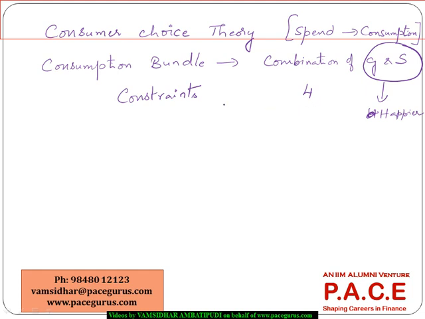But every consumer is faced with a set of constraints also. Though we are talking about a set of goods and services that can enhance the satisfaction levels of the customer, he is also faced with various constraints. Now the constraints are determined from three specific dimensions. One, we are looking at the perspective of preferences. So the consumer always looks at a relative preference towards one bundle compared to the other bundle.